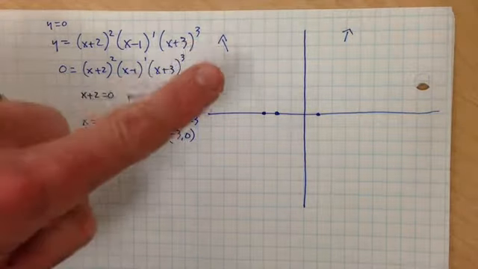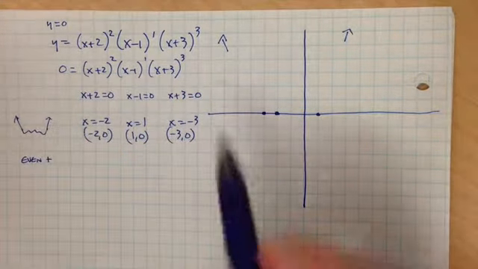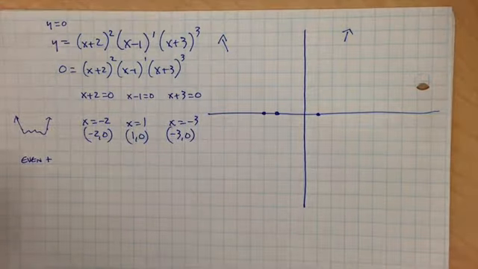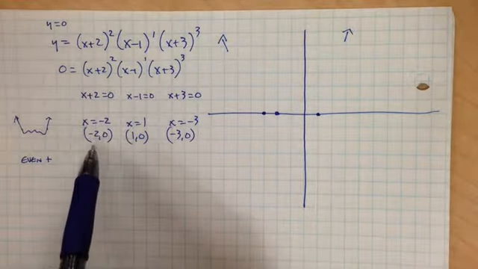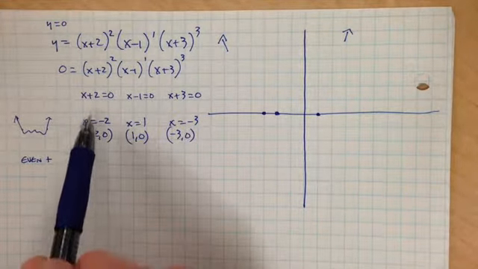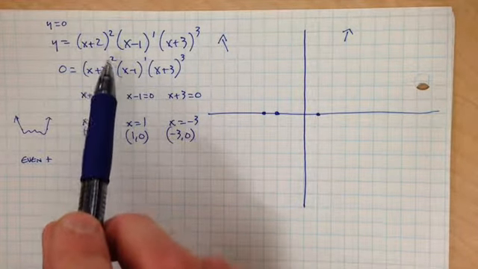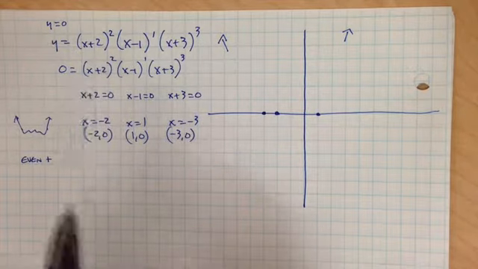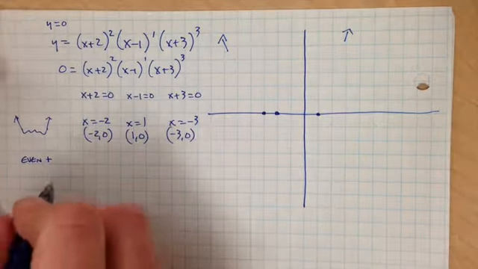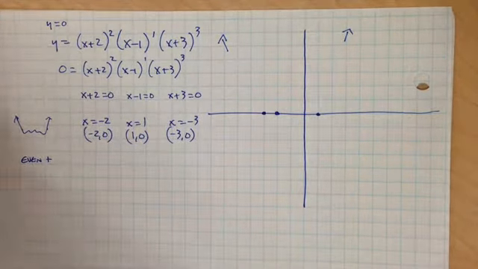Now we need to figure out really what is going on through these points. What does this graph act like? So now looking at these roots, if I were to trace this back up here, it is (x plus 2) squared. This exponent is very, very important. If it's squared, you want to think parabola. It's a double root.